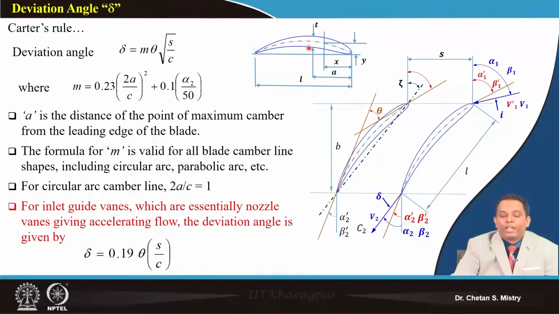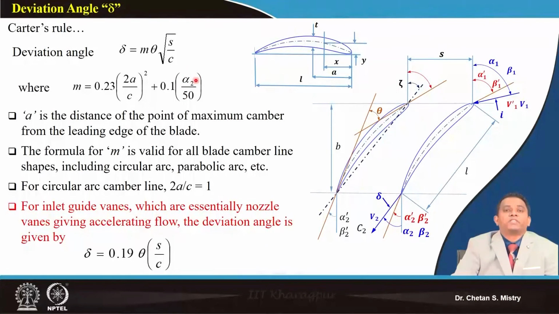I call that point A. This is in reference to the chord, which we have written as L because I am using this nomenclature. Basically, this is my chord. So m is equal to 0.23 into 2a by c square plus 0.1 alpha 2 by 50.